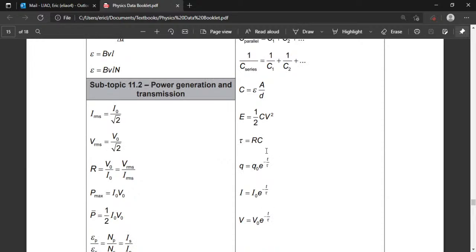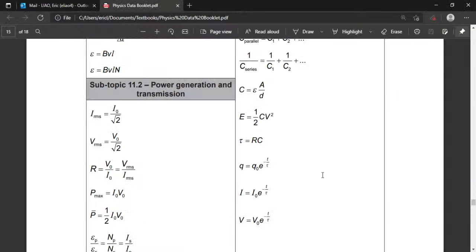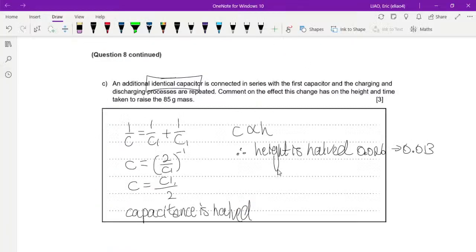We have less capacitance. We can just work out the time constant. So we know tau is equal to RC. So tau is proportional to C, and C is halved. Therefore, time constant is halved.